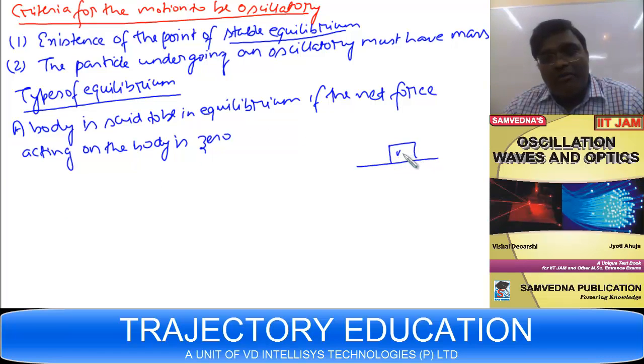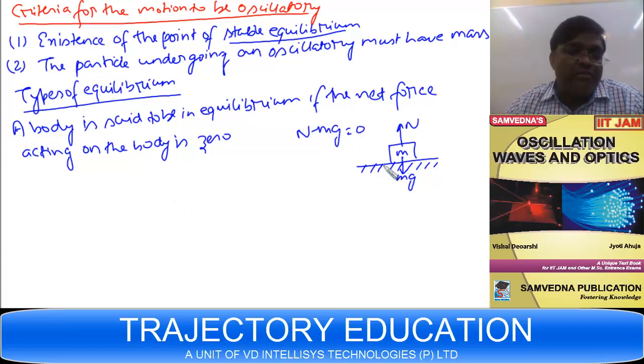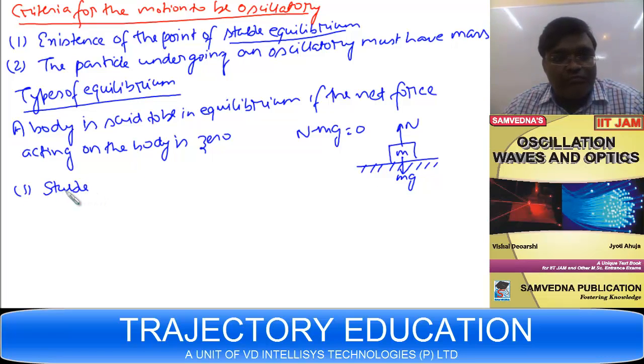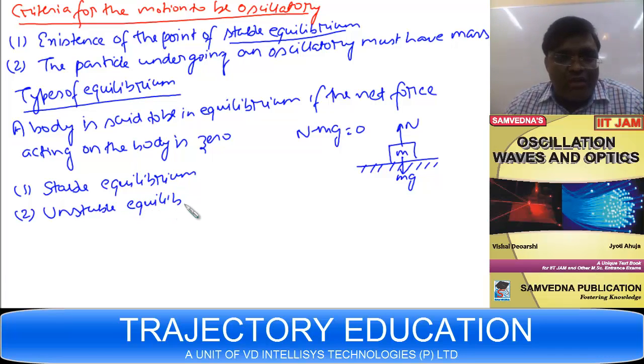Like you have this body of mass m. On this body, the net force is zero. N and mg both are balancing each other. So N minus mg is zero. So we call the body is in equilibrium. There are three kinds of equilibrium. One is called stable equilibrium. Other is called unstable equilibrium.